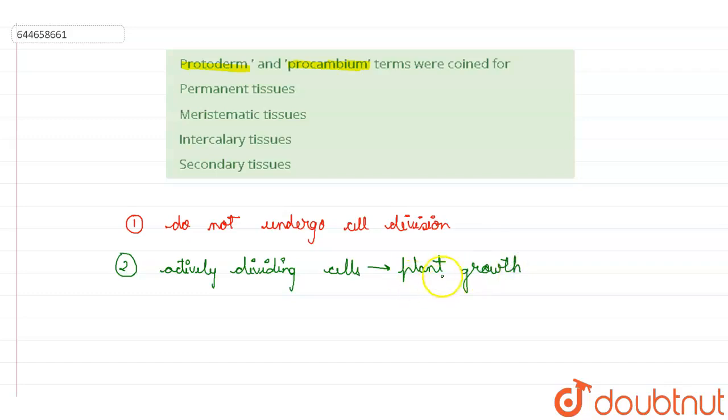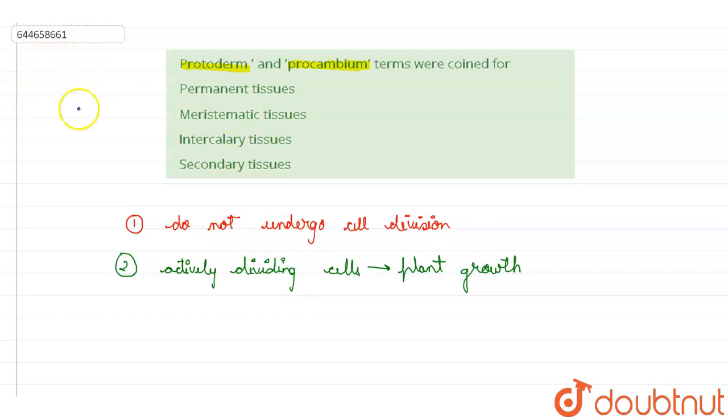They are present at the tips of the root, stems, and the branches, and they constantly divide to produce new cells. So this is what meristematic tissue is all about.